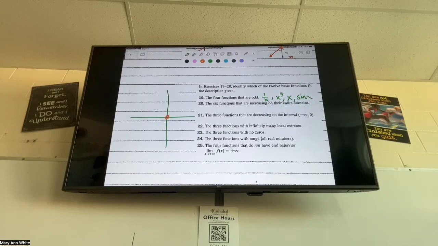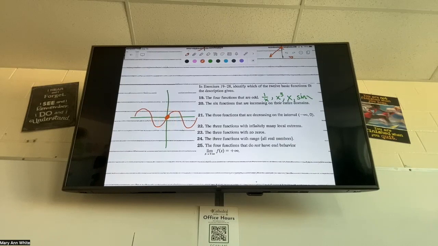I want you to know that sine goes through 0, 0, and then just waves up and down from there. Chapter 4 and 5 is all about sine and cosine and tangent, and so you'll know more about sine than you probably ever wish that you knew by that point. But if we just took this little part of sine, that is an odd function. So I am gonna argue that sine is odd. What about the rest of it? We just ignore that for what I want you to remember later on. But it is an odd function.